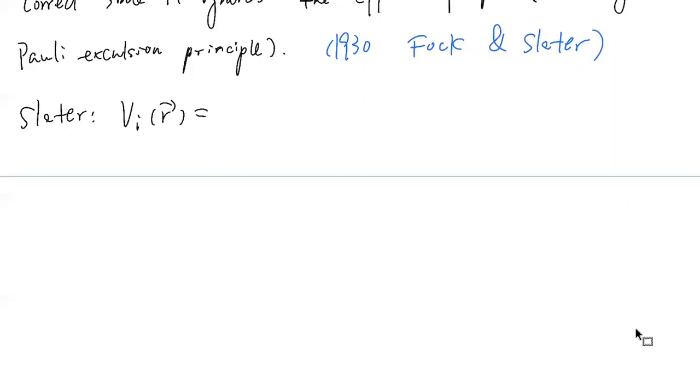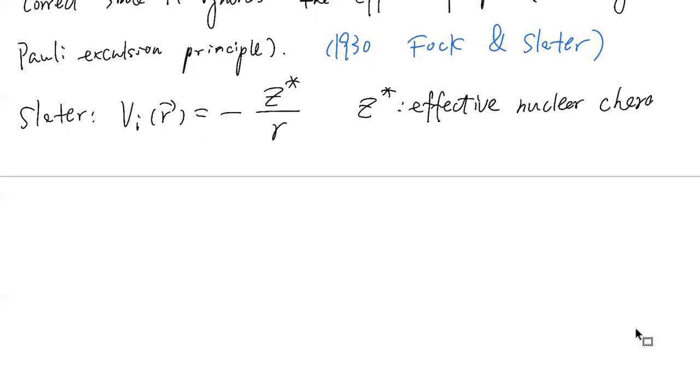So he proposed that you will have a screened or effective nuclear charge. You have a screening effect.